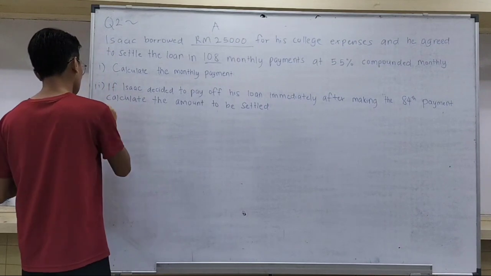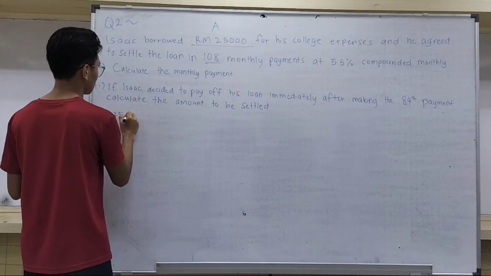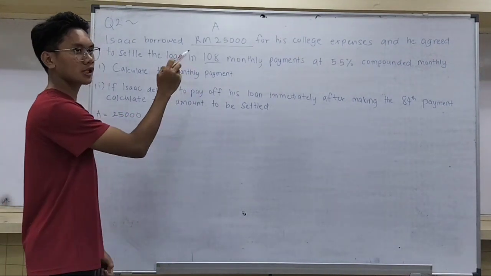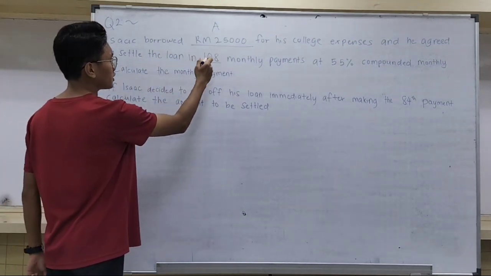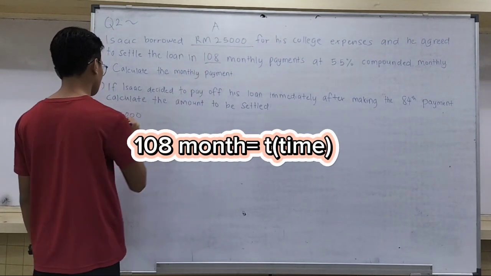So A equals 25,000 for his college expenses, and he agreed to settle the loan in 108 monthly payments. So 108 is t.